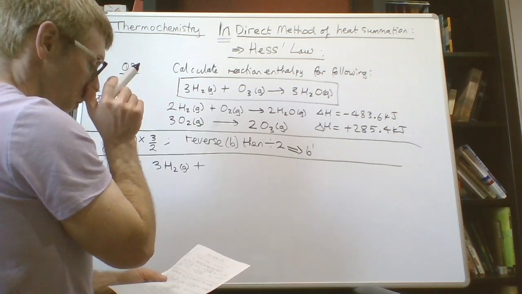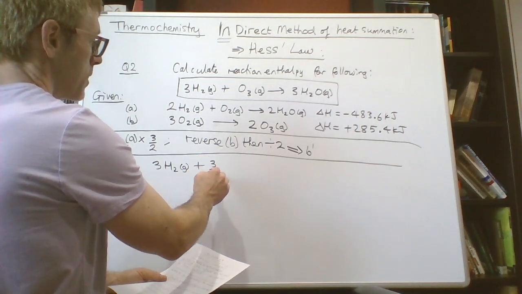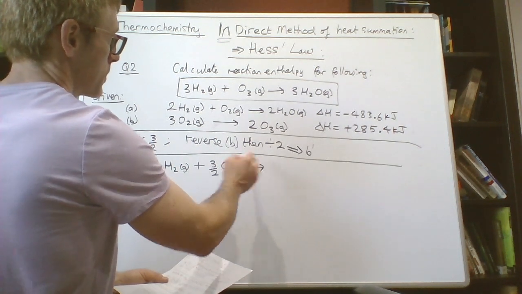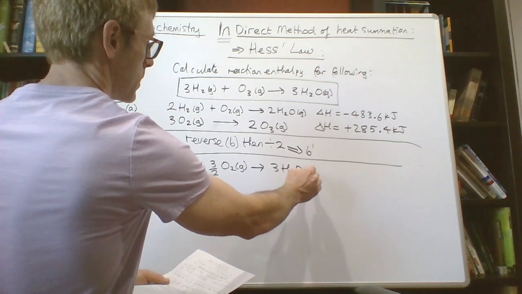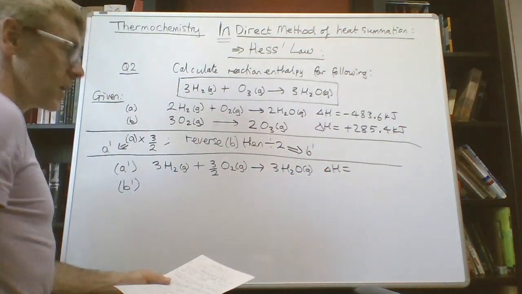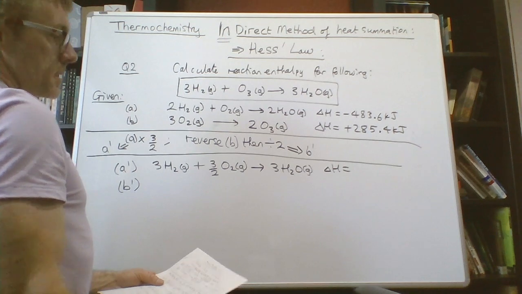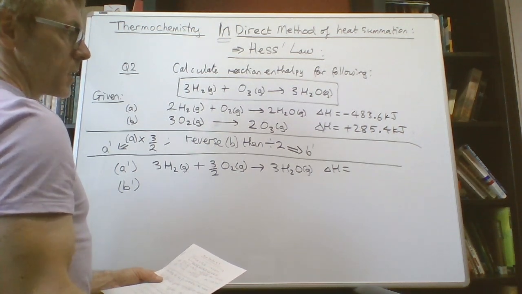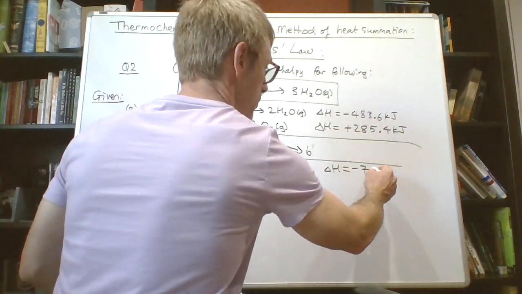Multiply 1 by 1.5, I just get 1.5, or 3/2 oxygen. And I get 3H2O. I've got to multiply the enthalpy by 3/2. So essentially just scale negative 483.6 by 1.5 and you get negative 725.4 kilojoules.